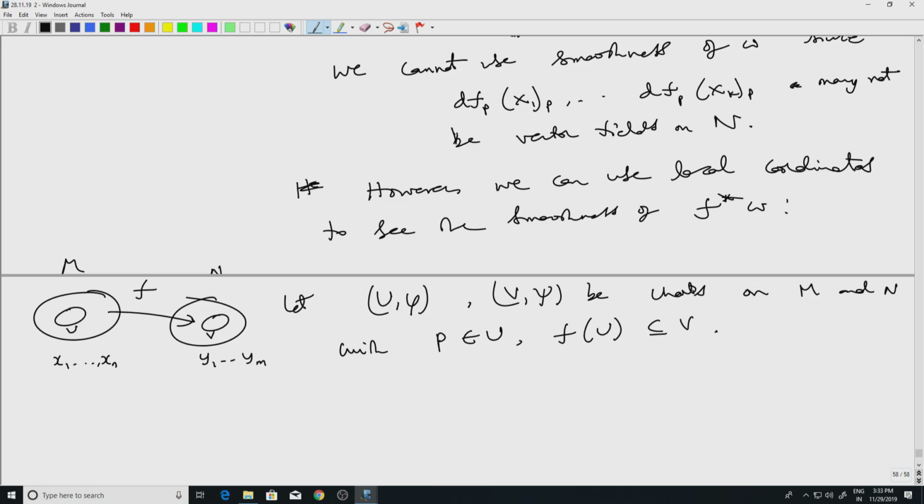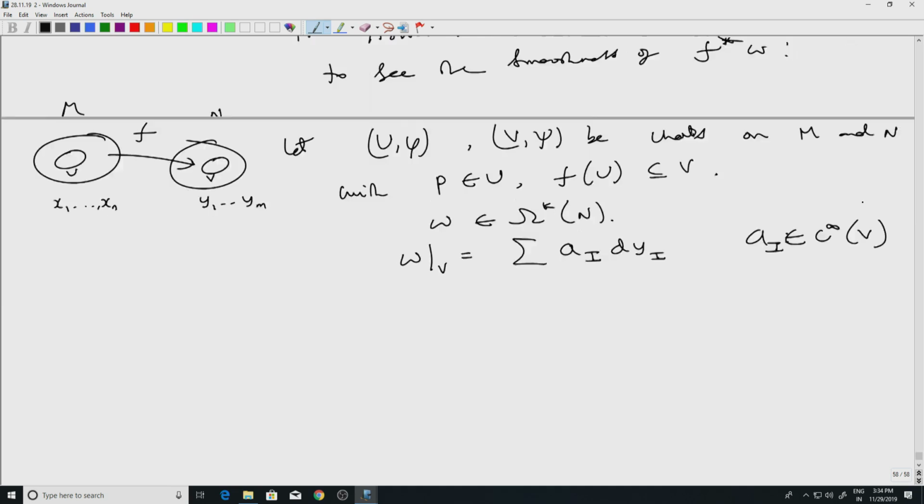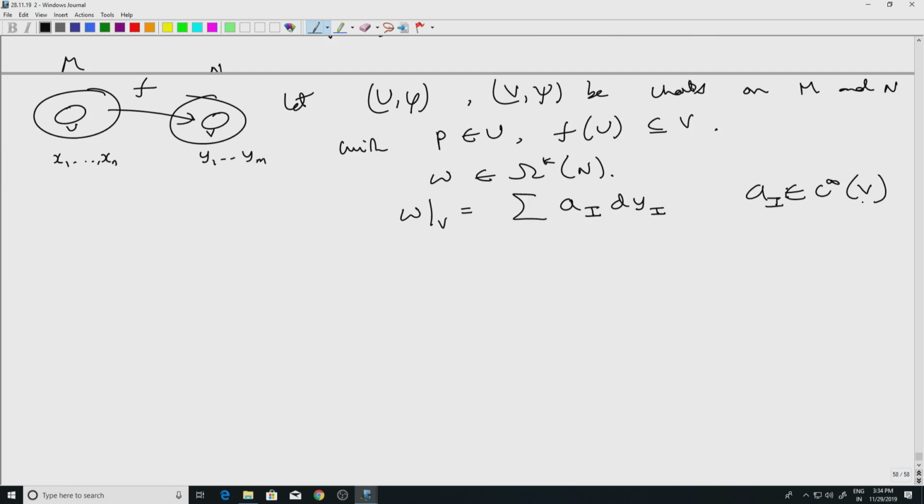So now omega is a k-form on N. I'll restrict omega to this chart V. Omega restricted to V can be written as the sum of A_I dy_I, where the A_I are smooth functions, C infinity of V. Now let's apply the pullback map.